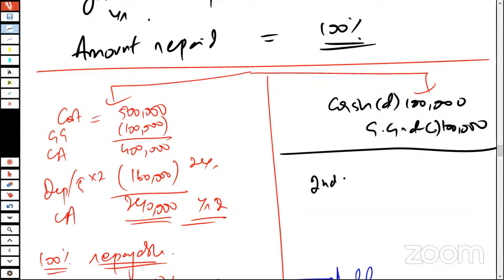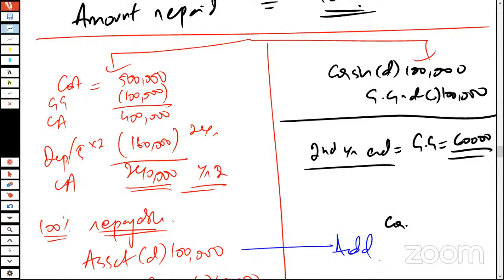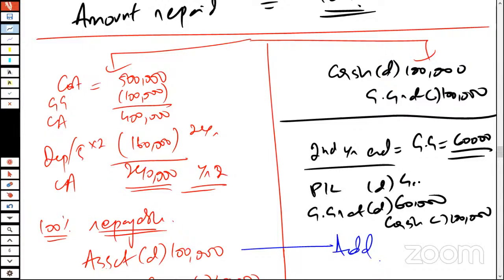At the end of the second year, the government grant, which is a liability, is 60,000. So we would simply say cash credit by 100,000, the government grant is debited by 60,000 and the profit and loss account is debited by 40,000. Do you people get it now?